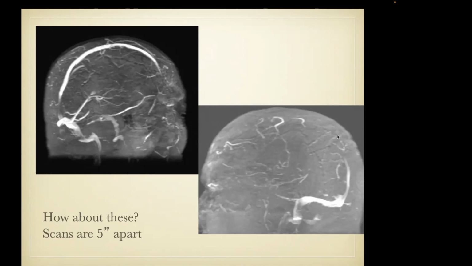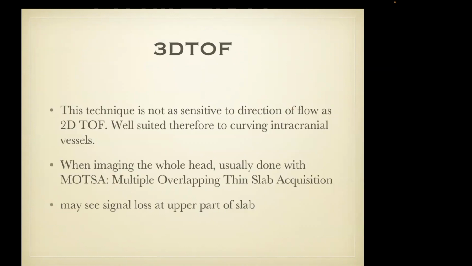So again, I just want to emphasize the direction of the acquisition will influence the way the dural sinuses look on MR venography. Now, the arteries we tend to acquire in 3D time of flight because it is less sensitive to the direction of flow.